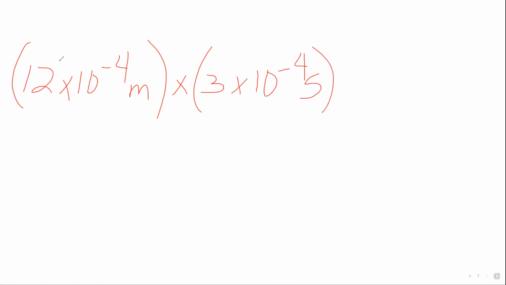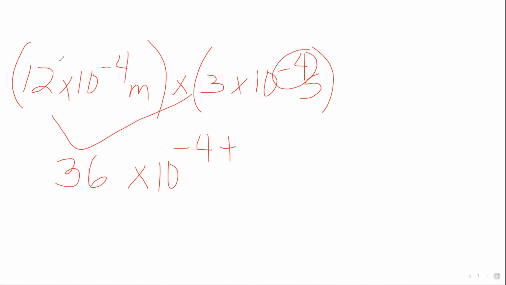Okay, so 12 times 3 is 36. We know that. Then times 10 to the what is negative 4 plus positive 4, right? Because we have to do the reciprocal of negative 4.